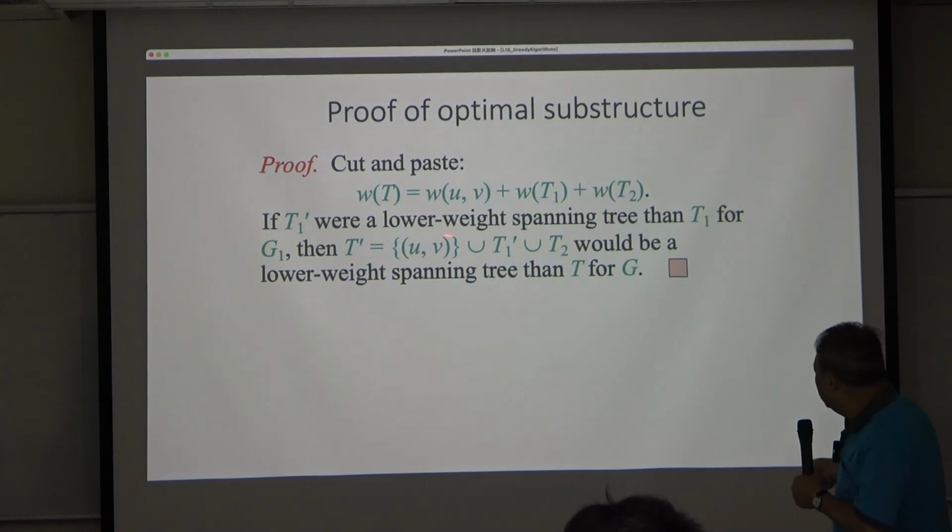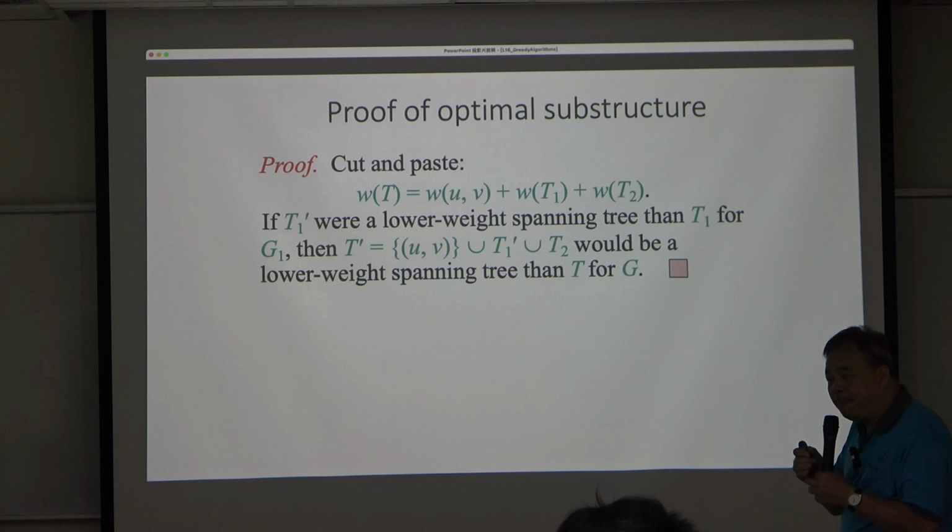So if that's a lower weight spanning tree than T1, then T prime, the collection of UV, the edge that we removed, union T1 prime, union T2, will also be a lower weight spanning tree than T for the whole graph G, right?